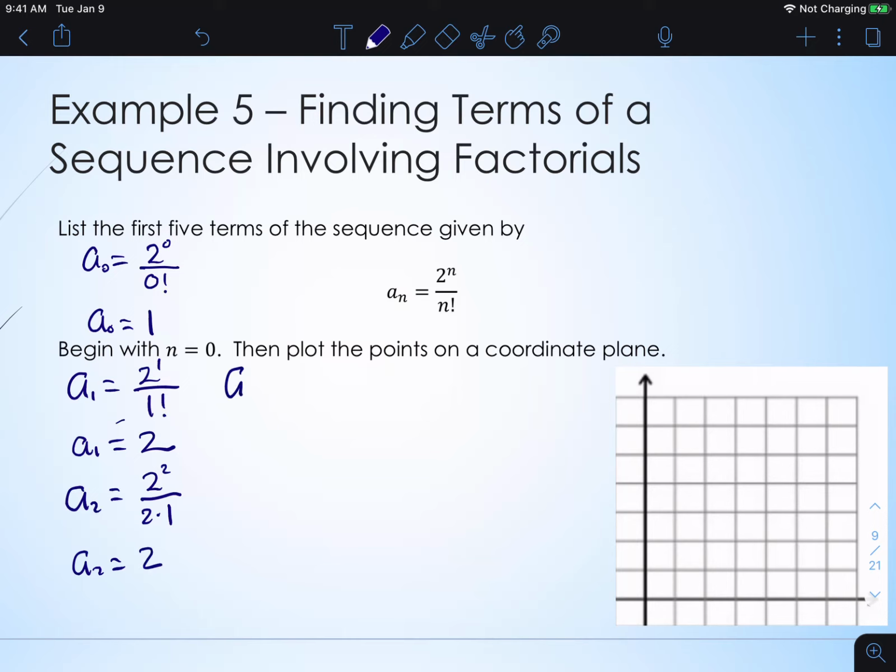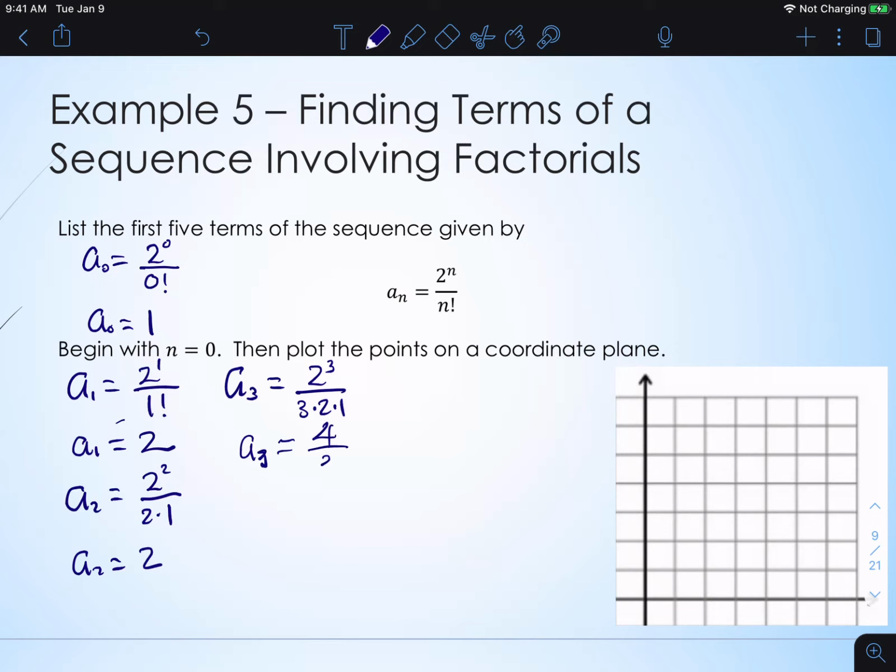Let's go for a sub 3. A sub 3 is going to be 2 to the 3rd power over 3 times 2 times 1. 2 to the 3 is 8. 8 over 3 times 2 is 6, times 1 is 6. So we've got 8 over 6, or there's a common 2 in the top and bottom, so we can call that 4 thirds for a sub 3.